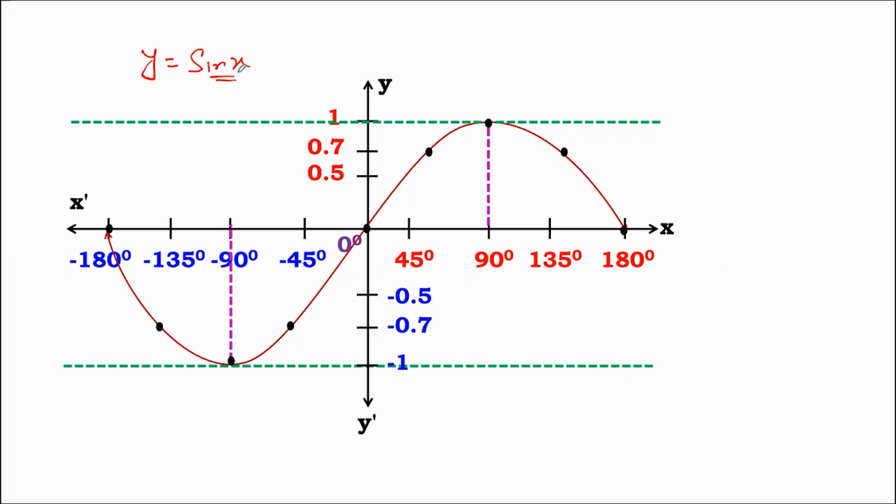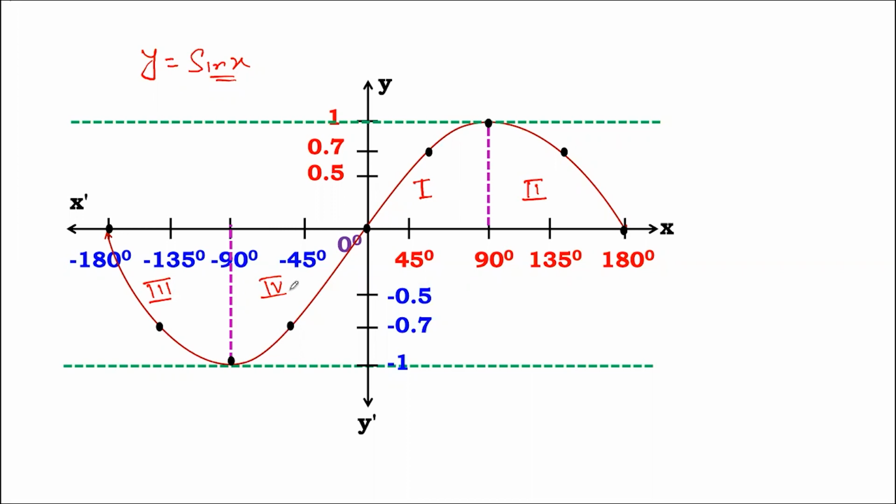So what can we say from this? What are the values we can see from this? The first thing, we know that 0 to 90 degrees is the first quadrant, 90 to 180 is the second quadrant. This is the third quadrant, minus 180 to minus 90 as we have seen, and this is the fourth quadrant.